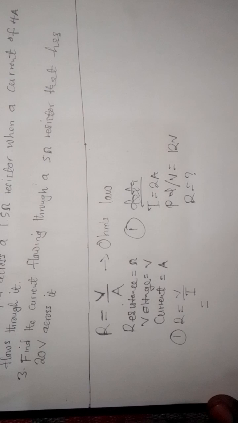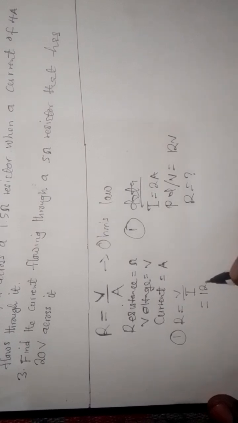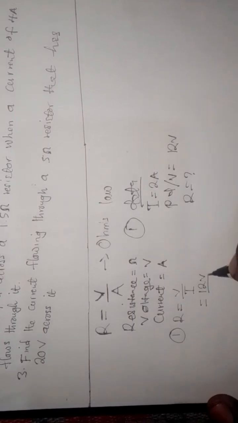So we can do this. What's our voltage? It's 12 volts over, what's our current? 2 amps. Then we can say, therefore, our resistance is 6 ohms.